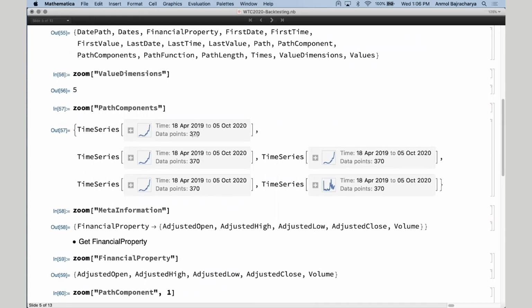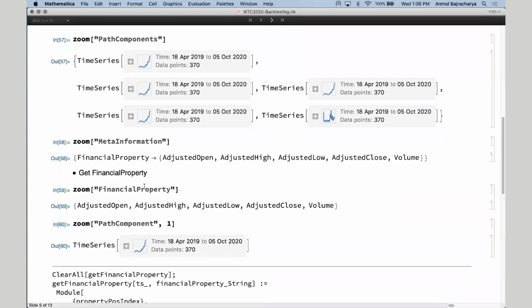All of them are adjusted, and it is going to be a multivariate time series. Using a path component, you can split them into whatever data we have downloaded using financial data. You can also access this information using either meta information or a financial property.